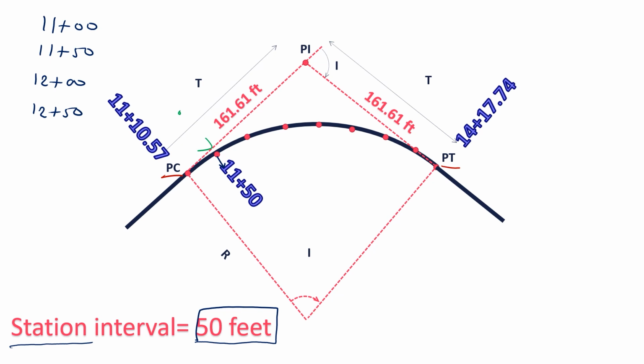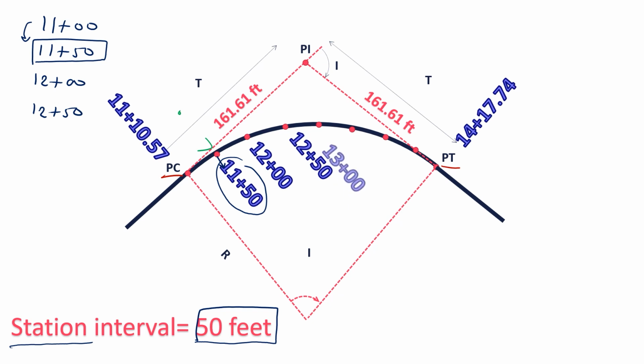Here it's already 11 plus 10.57, which is over 11, so our next closest station point is 11 plus 50, and that is why this first point is 11 plus 50. So what's the second station? It's very easy, just add 50. Our second station is 12. What's the third station? 12 plus 50. What's the fourth one? 13. I'm just adding 50.